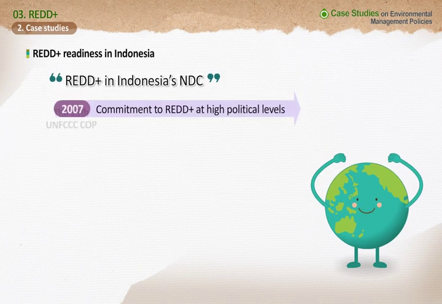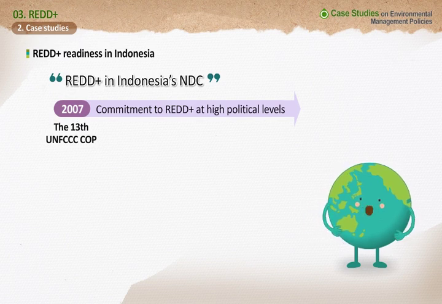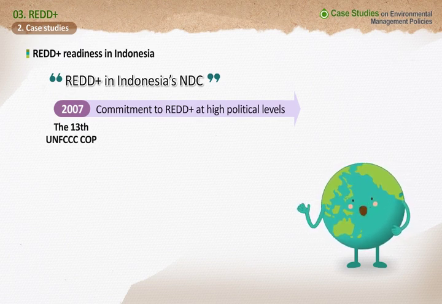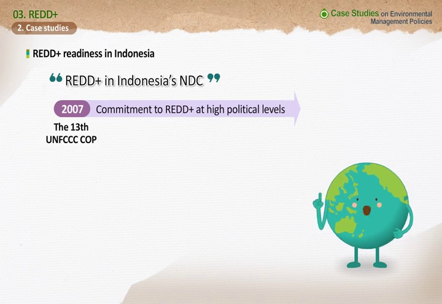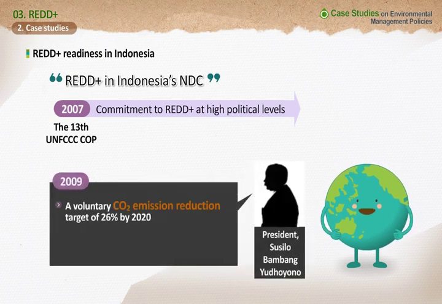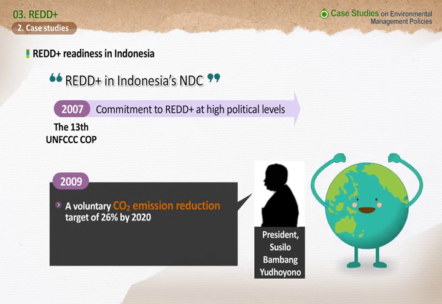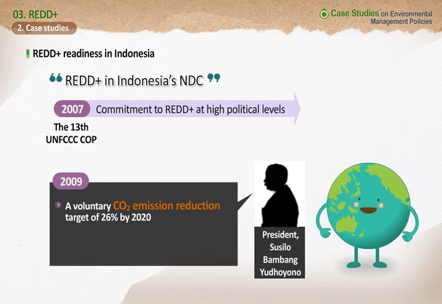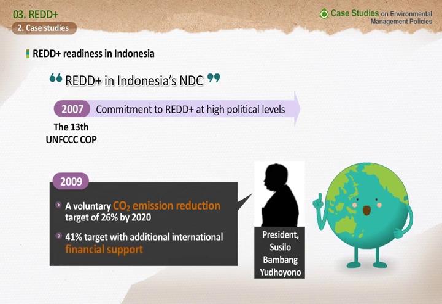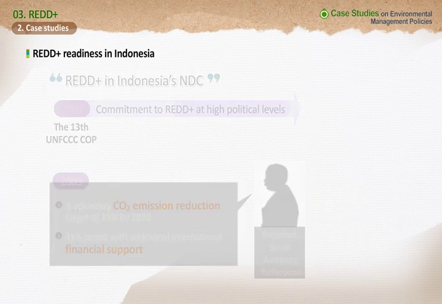Indonesia has shown its commitment to REDD+ at high political levels since it hosted the 13th UNFCCC COP in 2007 in Bali. In 2009, then-President Susilo Bambang Yudhoyono pledged a voluntary national CO2 emission reduction target of 26% by 2020 relative to the year 2000, and a 41% target with additional international financial support.